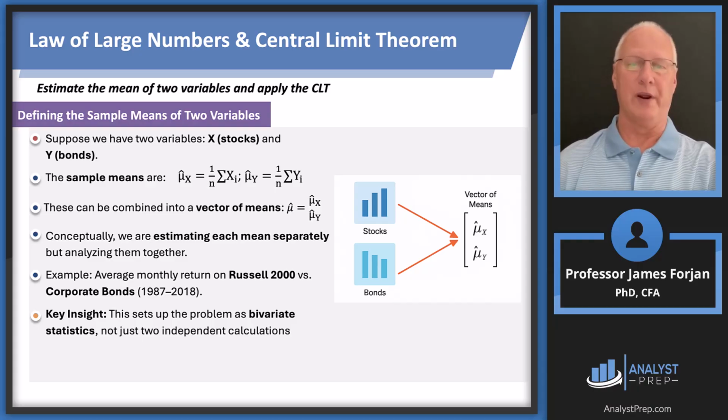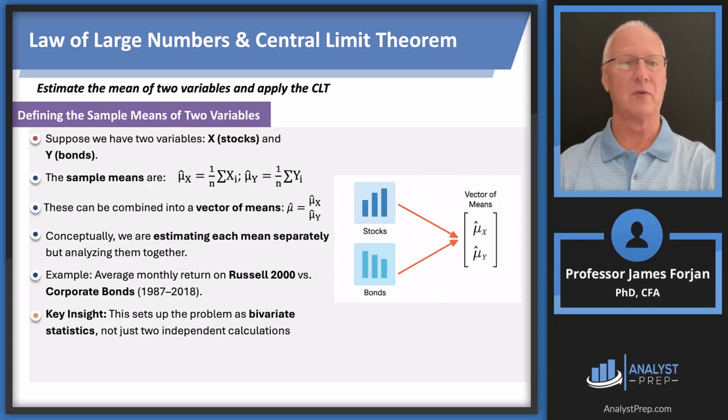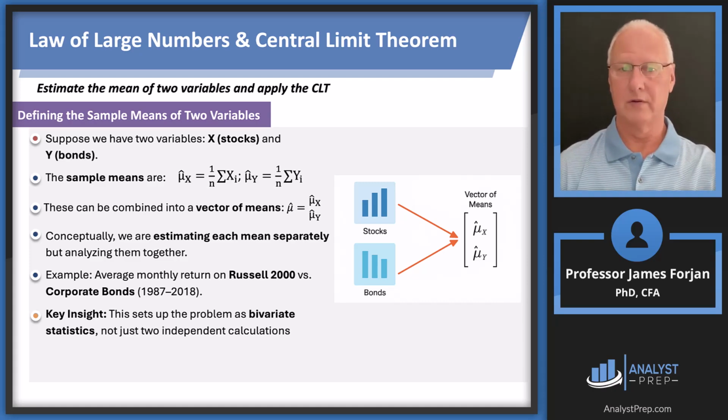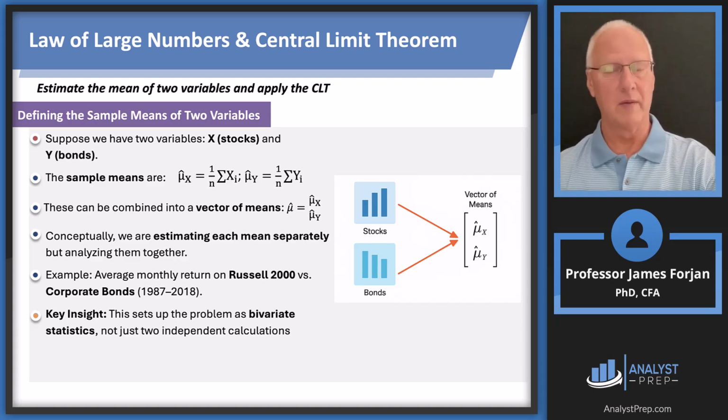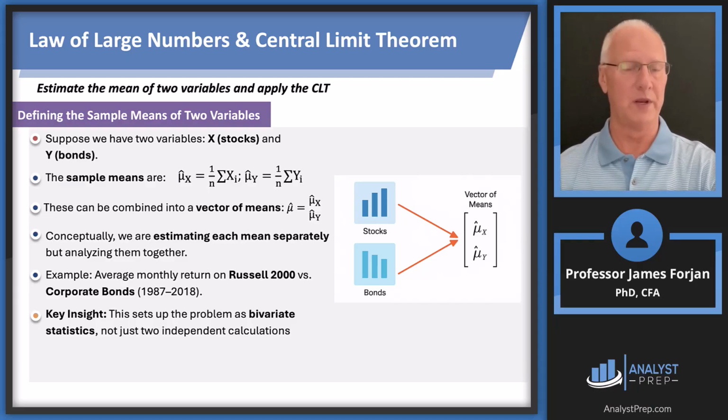Now, what if we have two variables? What does this mean for large numbers and the central limit theorem? So here's the example that we came up with. Let's suppose that we've got two variables, x and y. Let's call them stock returns and bond returns. Now, what do we know? We know from history and maybe common sense that stocks have greater risk, so they probably have a greater first moment of the distribution than bonds.